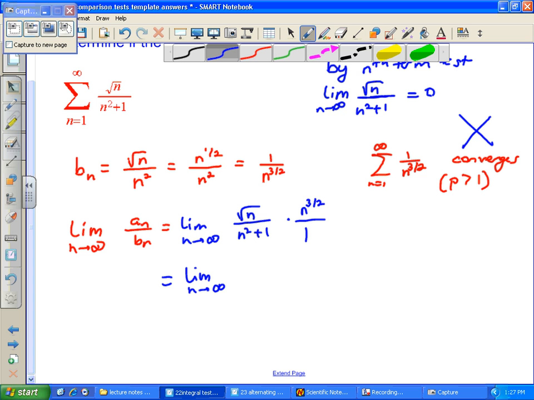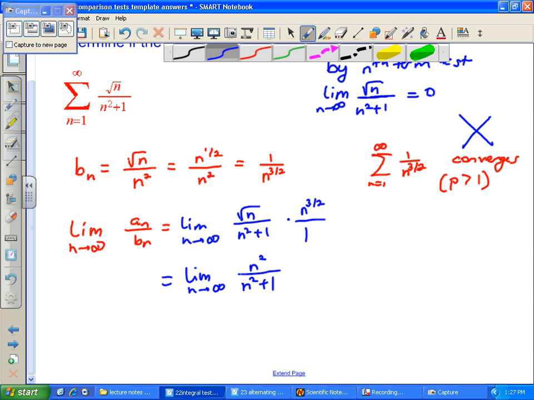Okay, what do you have on the top? N to the 3/2 multiplied by n to the 1/2. Right, add the exponents, 1/2 plus 3/2. That's n to the 4/2 or n squared. On the bottom, we have n squared plus 1.